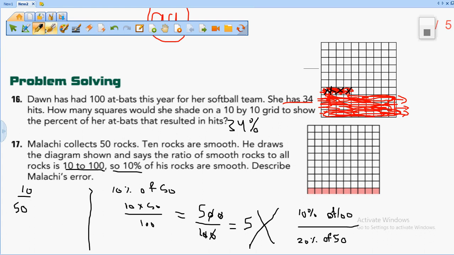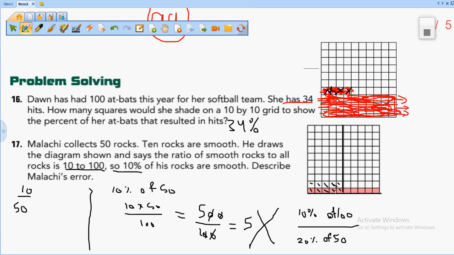You can shade 1, 2, 3, 4, 5, 6, 7, 8, 9, 10.